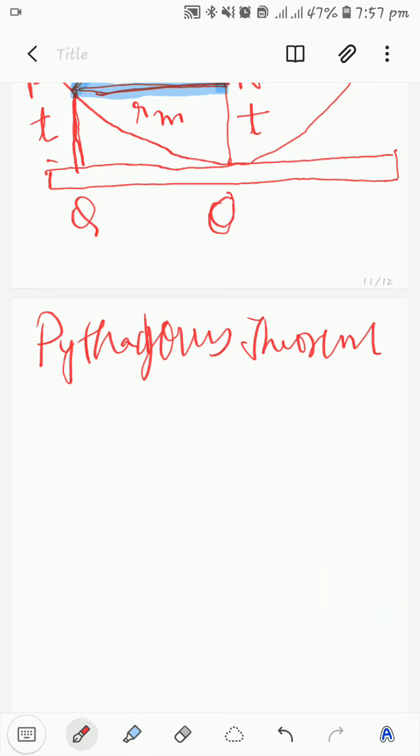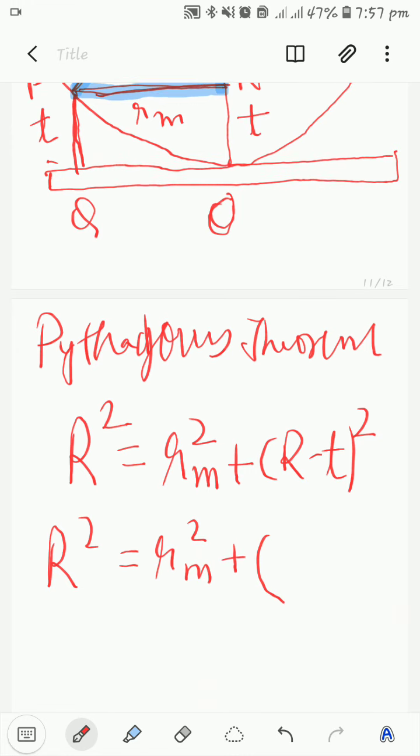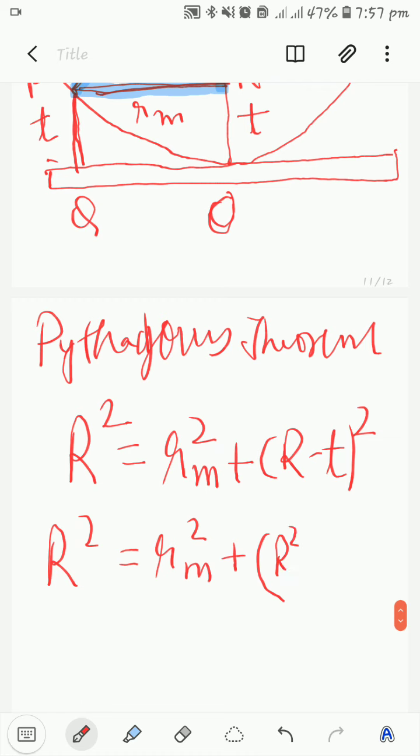What happens is capital R square is equal to rm square plus (R minus T) whole square. On solving this, we get R square is equal to rm square plus, opening the bracket, R square plus T square minus 2RT.